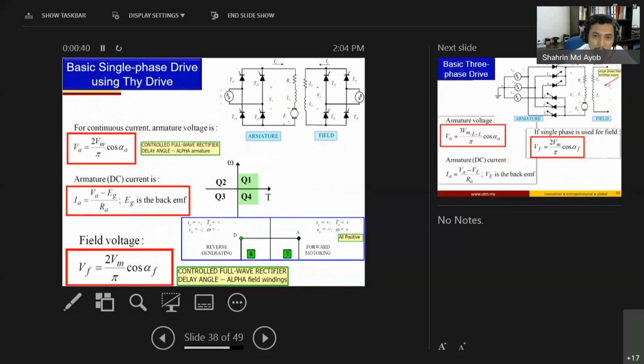The motor can operate in four quadrants, but due to the limitation of the SCR, which only allows current in one direction, from anode to cathode, it can only operate in the quadrants where the current is positive, which are Q1 and Q4 only, while in Q2 and Q3 the current is negative, so the SCR cannot operate in Q2 and Q3.